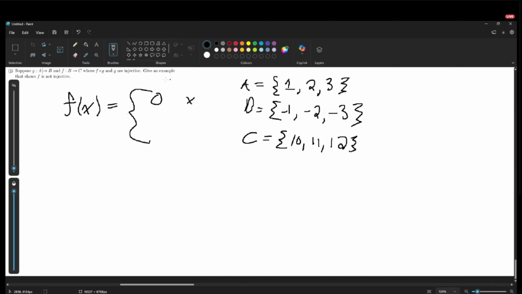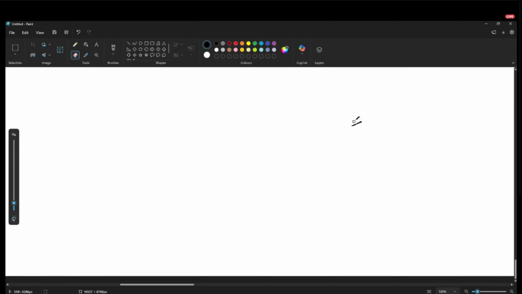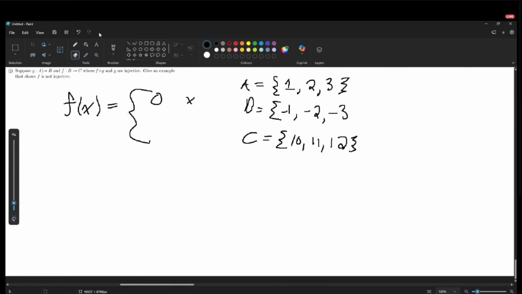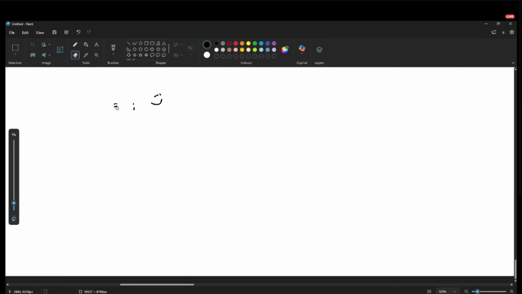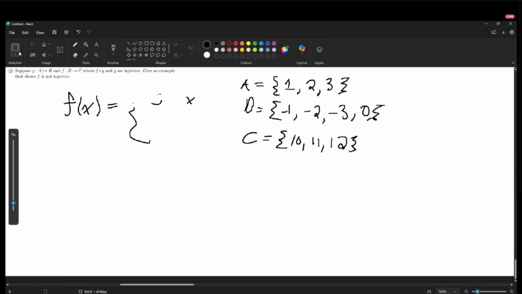And actually, let's say that B also consists of one more thing, the special element 0. Now we could make up rules for how we want this to go.